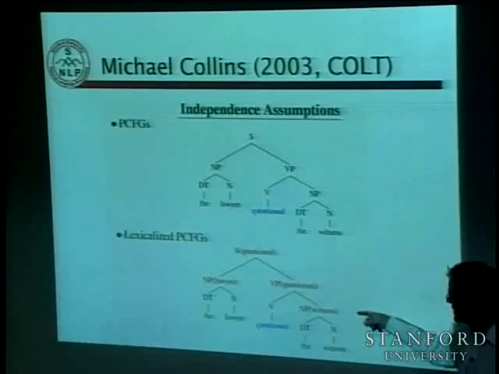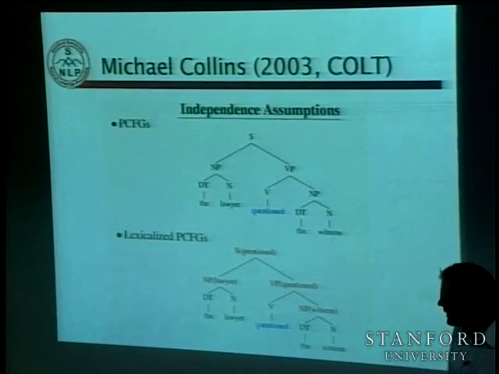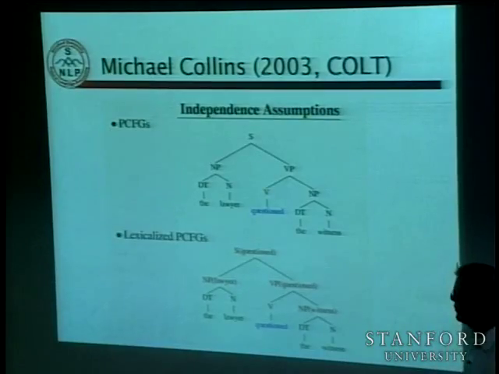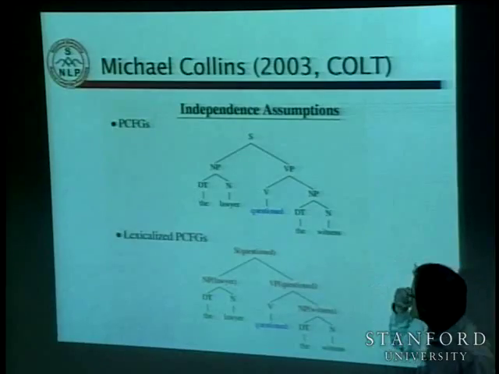Okay. And then lexicalization, just to mention again quickly once more, you can also think of it as wanting to encode more information into non-terminal nodes. So here we have: the lawyer questioned the witness.